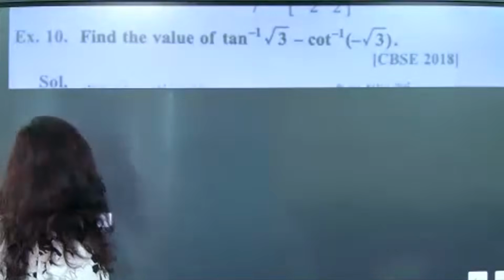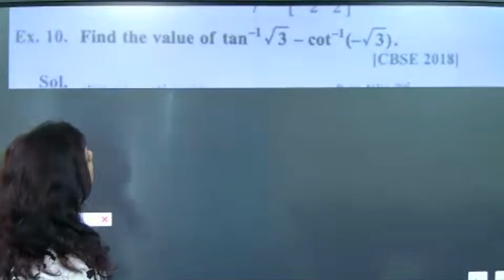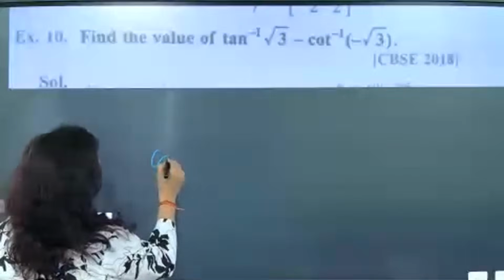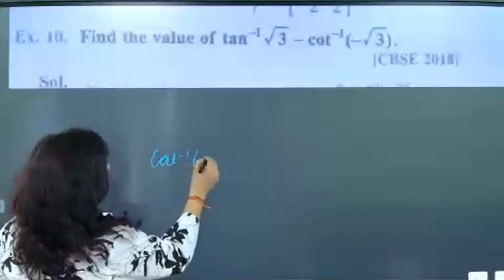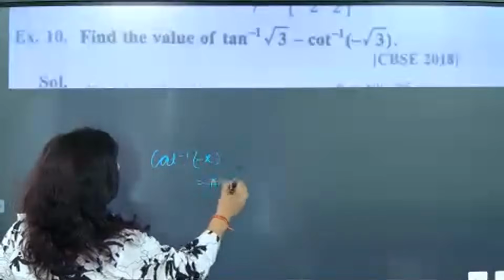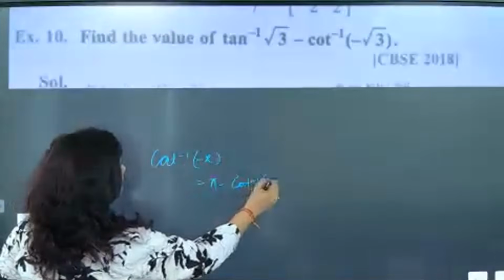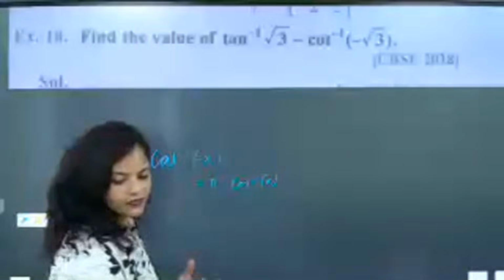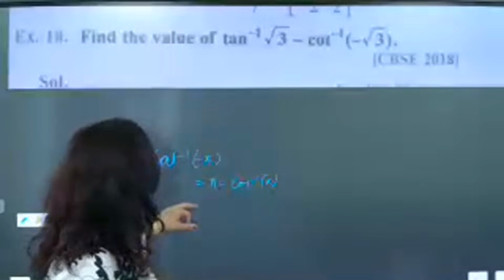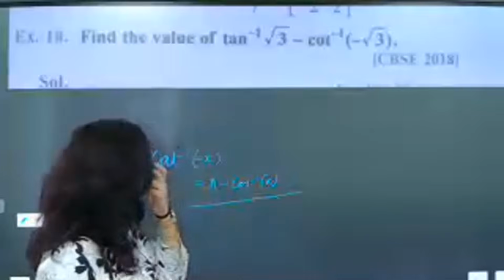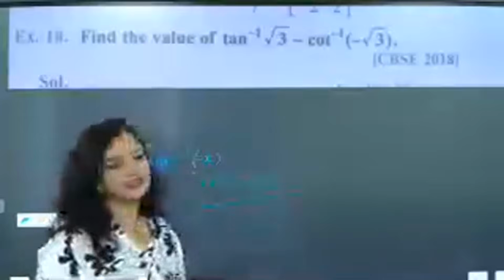Now look here. First understand cot inverse minus x is pi minus cot inverse x. The cot inverse x is cot inverse only, but cot inverse minus x is pi minus cot inverse x. Understood?